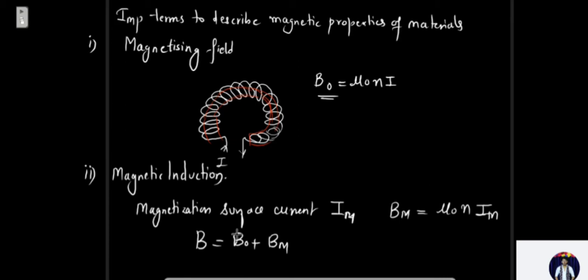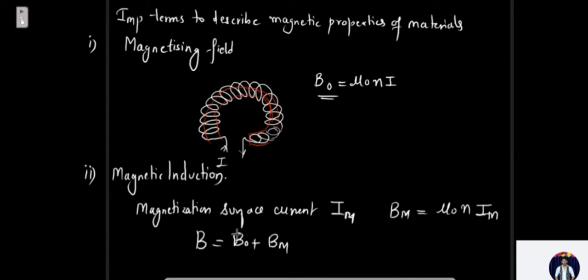Magnetic induction can be defined as the total number of magnetic field lines crossing per unit area normally through the material. The number of field lines crossing, the magnetic flux density, basically is magnetic induction.